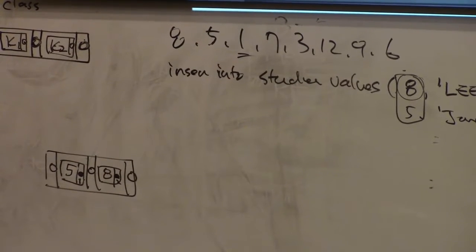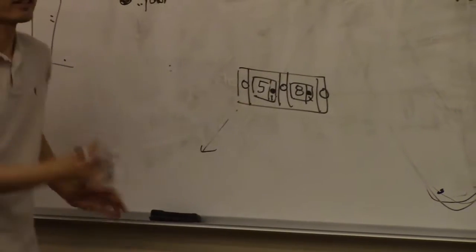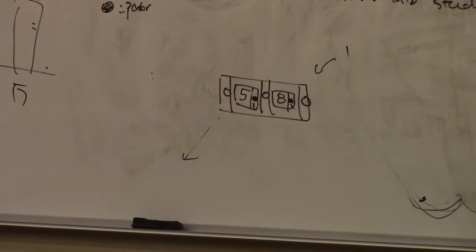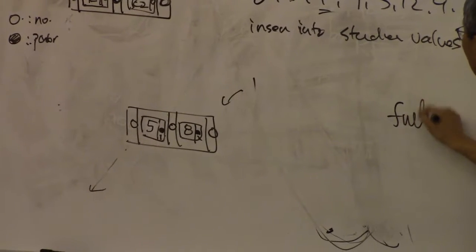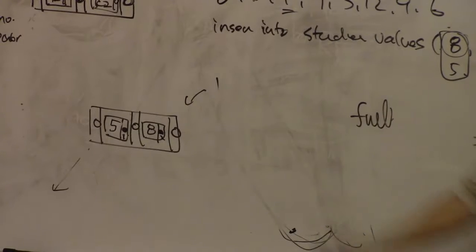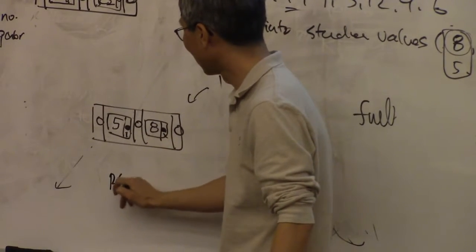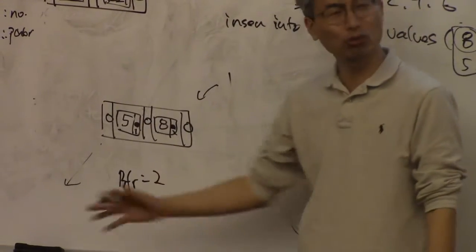In case of a search tree, how can you insert the 1? Like this way, right? Instead, as I said, it grows bottom to up. So, is there any space to insert the 1? This one is called a full node, a full block. There's none. What is the blocking factor of this node? It's 2. Only 2.